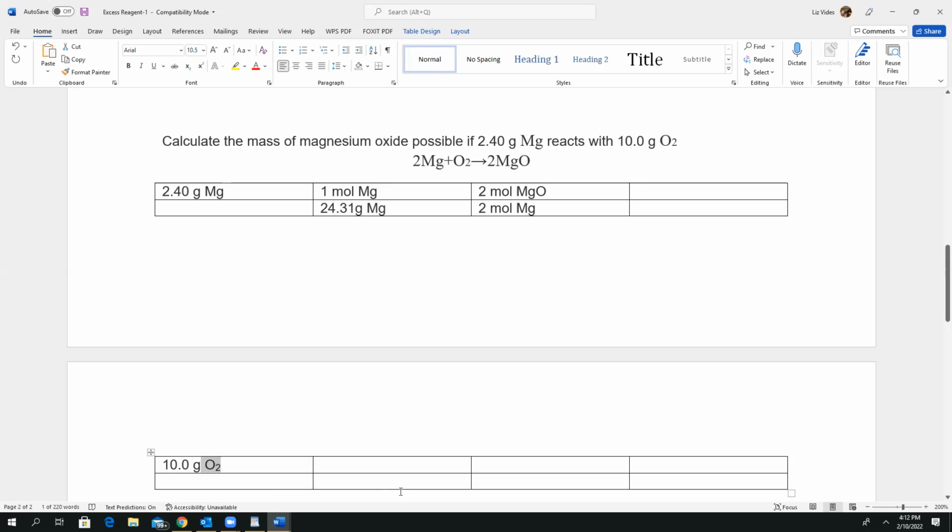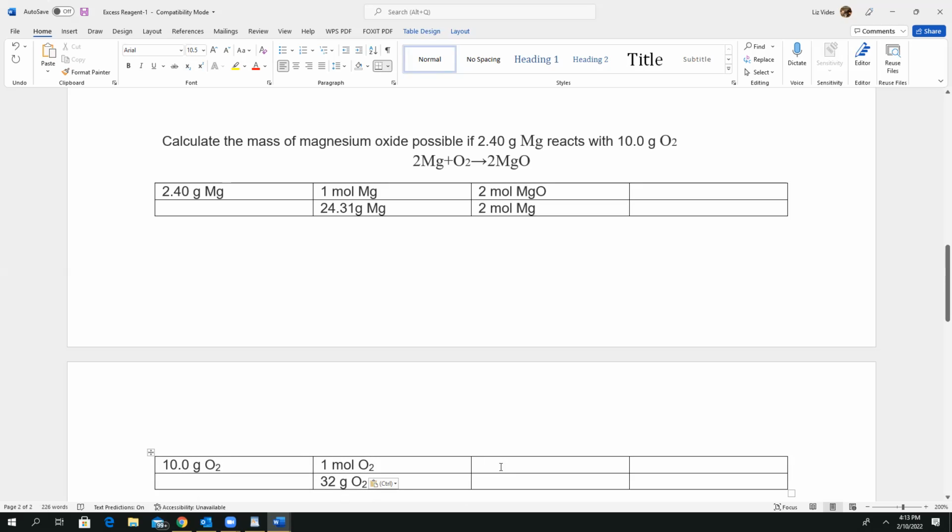Okay, so we know that for every mole of O2, we have 32 grams of O2. And no, the sig figs don't matter here. The only ones that matter are right here. And you notice we haven't answered it yet, but that's okay. We're going to answer them together.